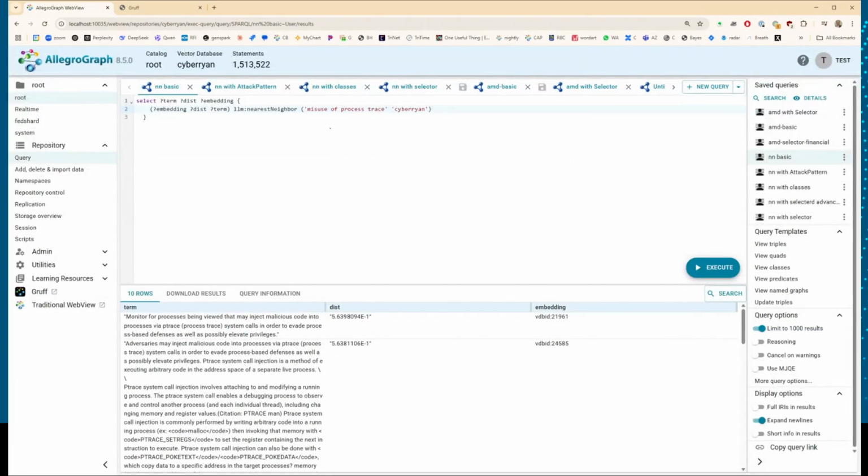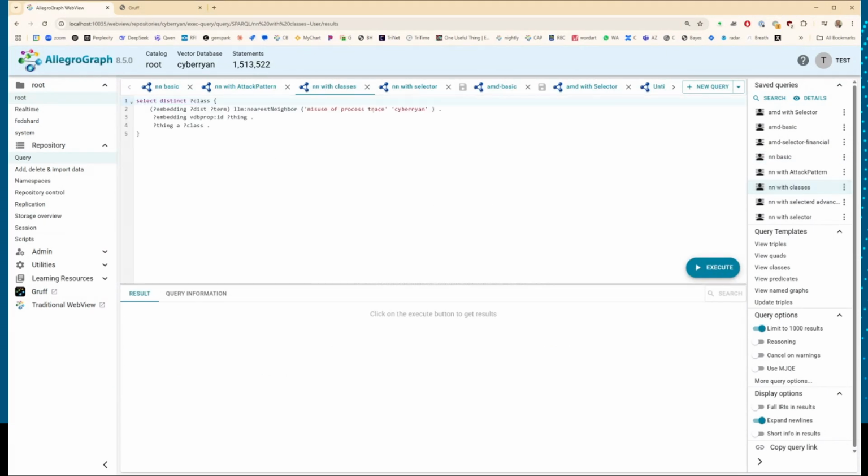But in the knowledge graph, there are about 20 classes, and I think about 10 of them have interesting strings. So where do these strings appear? I can do the same question, except now I say, given the embedding, I find links to a thing, what is the class of the thing, and give me the distinct classes. I want to know where the strings that matched came from.